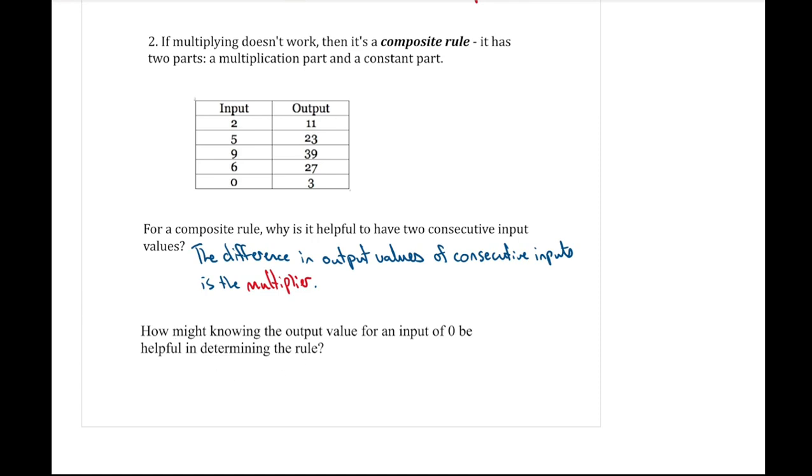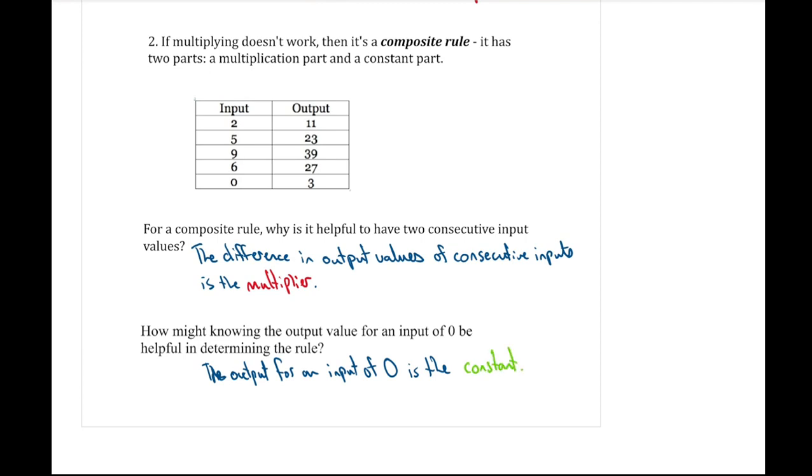And the other part that might help, how might knowing the output value for an input of 0 be helpful in determining the rule? So we talked before that the output for an input of 0 is the constant.